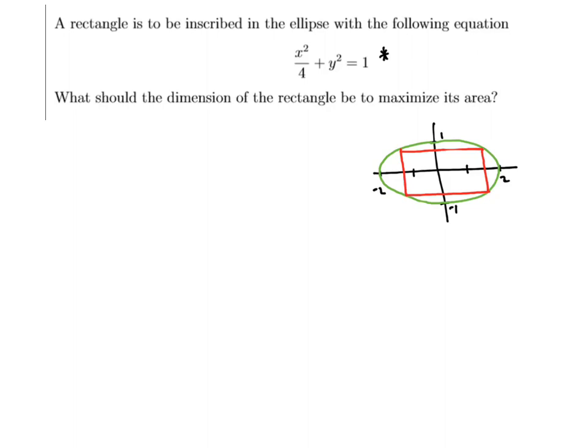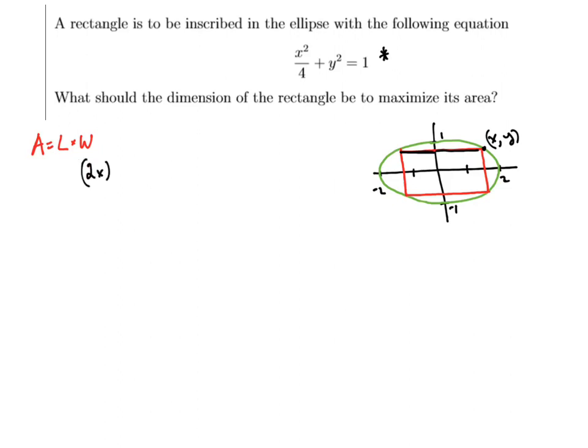So since we're maximizing the area of a rectangle, the area is going to be length times width. So that's the equation we want to maximize. I'm going to label this point x comma y. Since this distance here is x, and this distance is also going to be x, the width of the rectangle is going to be 2x.